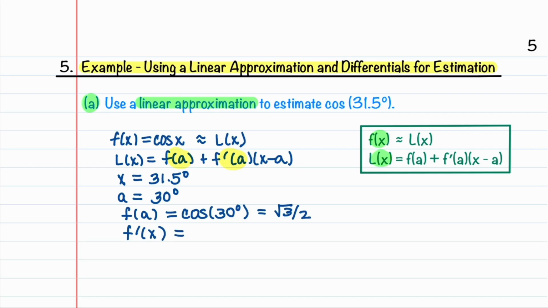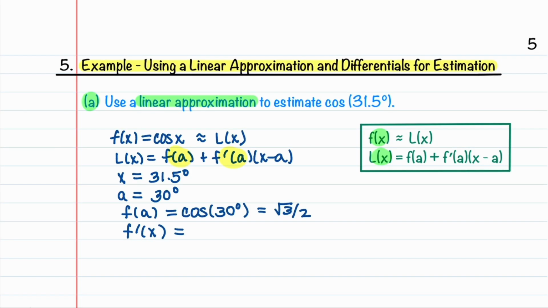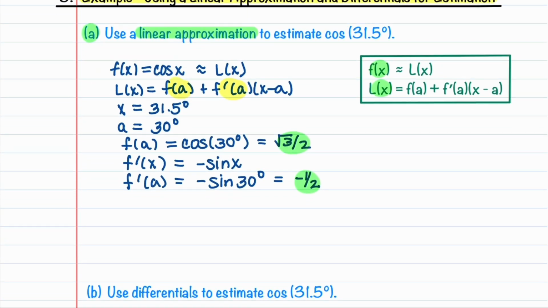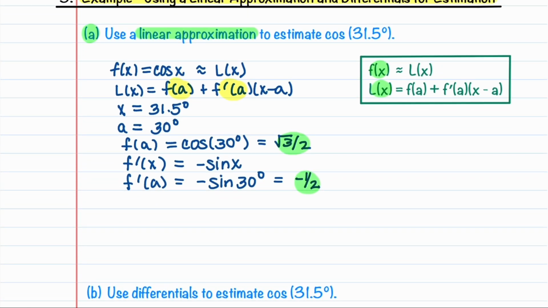F of x is cosine, so f prime is minus sine x. And then we can find f prime at a is minus sine of 30 degrees. And this is minus 1/2. I'm going to highlight f of a and f prime of a because we're going to need to plug those in. We can now write down L of x.